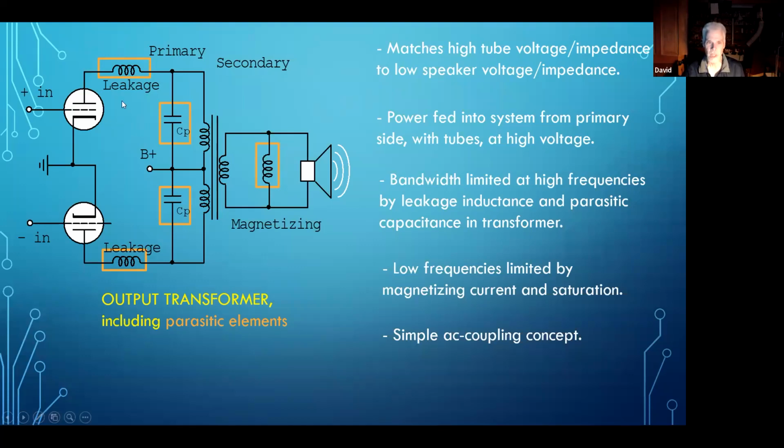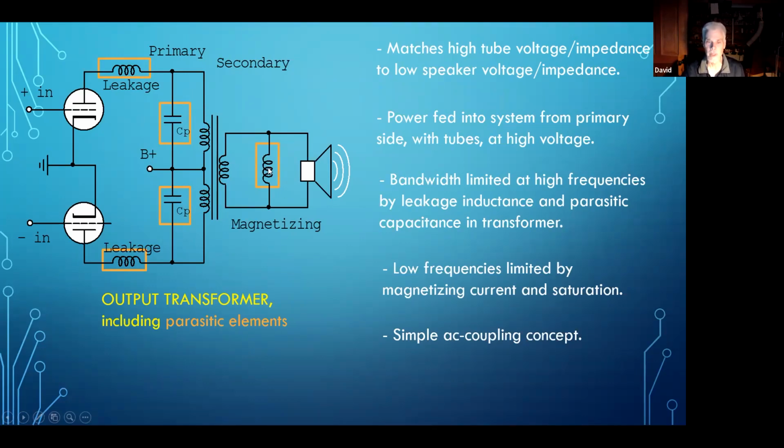These elements that I've drawn in, the leakage inductance and the parasitic winding capacitance, are all distributed parasitics, so they're more complicated than what I've actually drawn here. But you get the idea that these parasitic elements are interfering with ideal operation of this transformer.